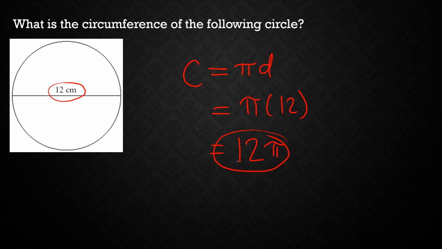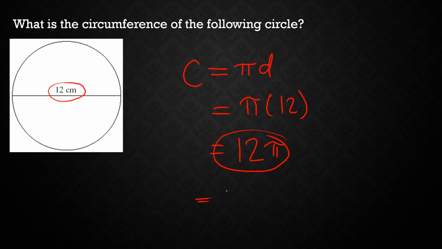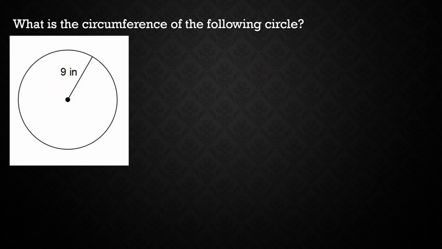And I'm done. That is my circumference. Again, I can multiply this by 3.14 if I want to. And I get 37.68. Okay, so both of those would be accurate answers for the circumference of the circle.